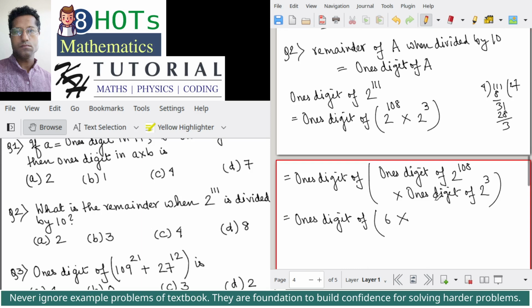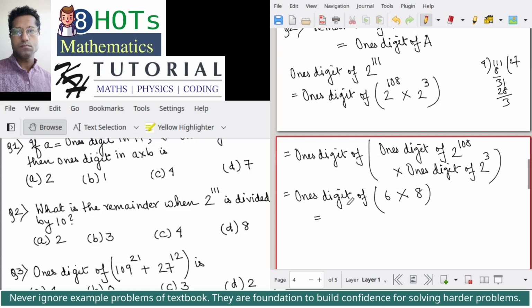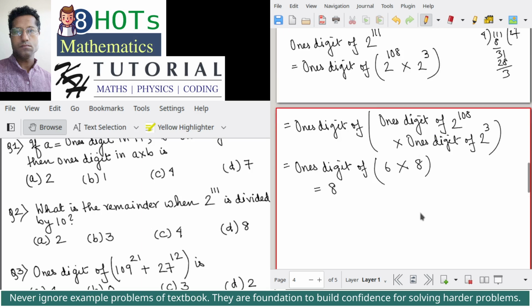So the ones digit of 6 times 8, which is 48, is 8. So the remainder when 2 to the power 111 is divided by 10 is equal to 8. This is the remainder, and hence the correct choice is D.